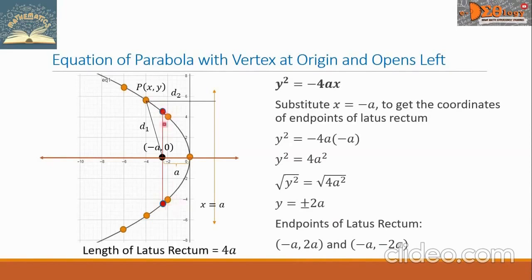By this figure, we can see that the length of latus rectum equals 4a. We can see here that this 4a is familiar to our equation of parabola, and that is the coefficient of x. The only thing is it is positive.